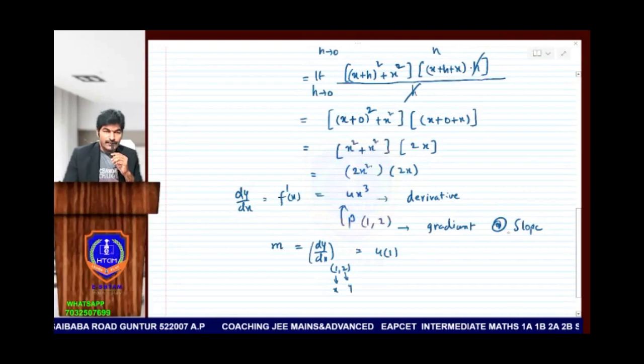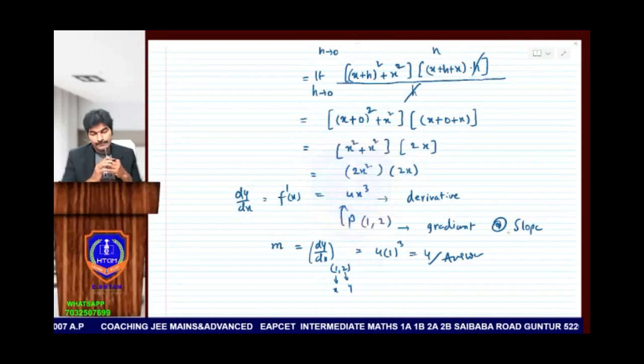If there is a y in the answer, then you can substitute 2 in that. There is no y here. It was just 4x cube. So x is there, so we will substitute the x value as 1. So 4 into 1 cube is 4, the answer.